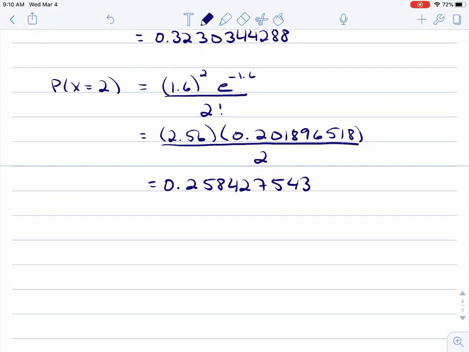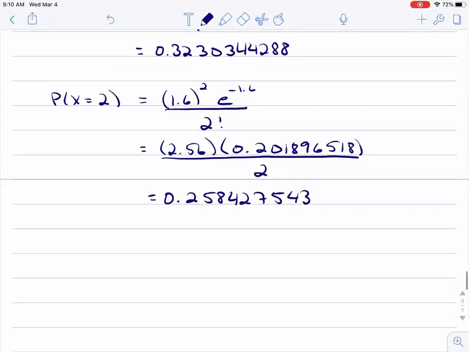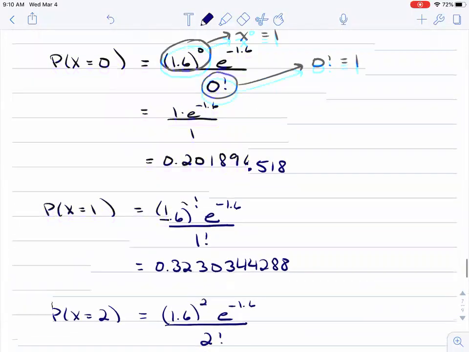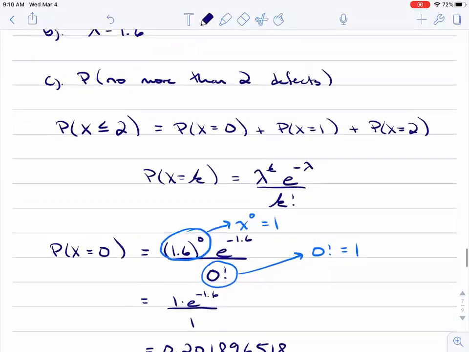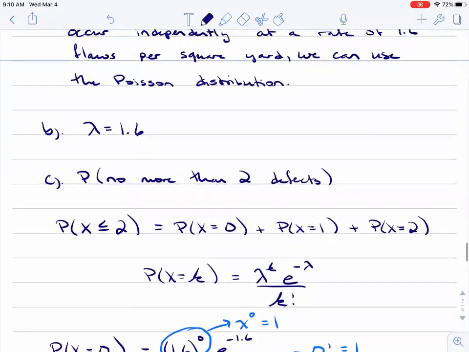Now we can find these probabilities added up to answer the question. One thing I want you to think about is we can still use the 1 minus trick, right? If I wanted to know the probability of more than 1 defect, then you could just do 1 minus the probability of no defects.